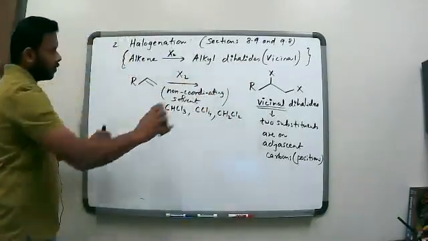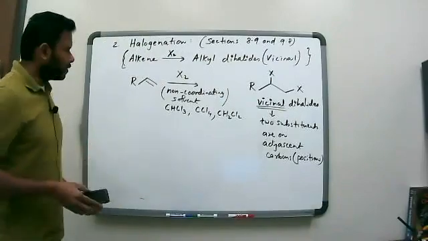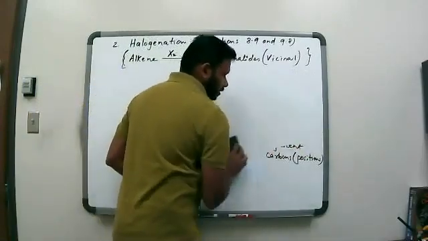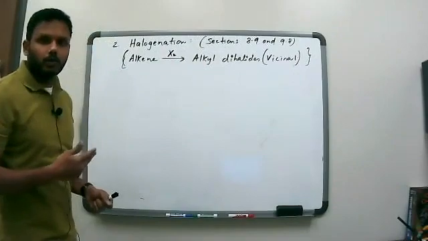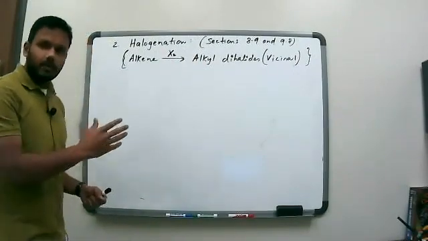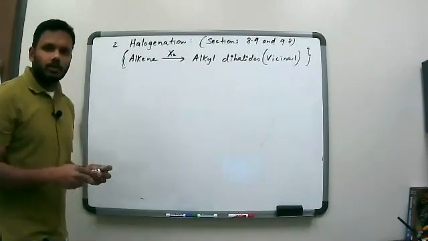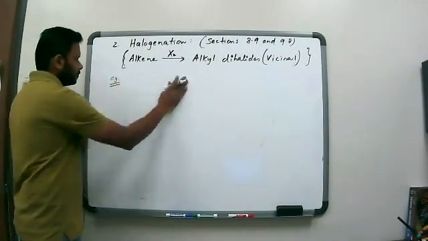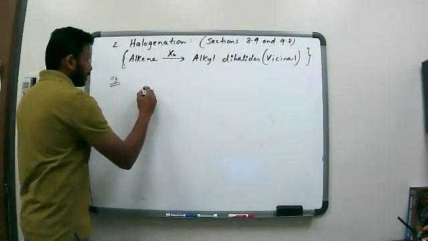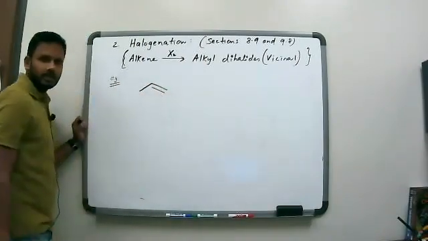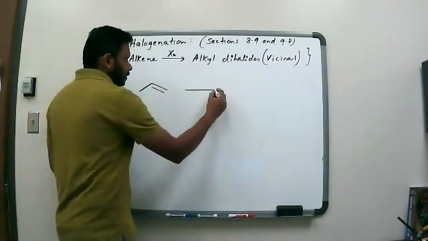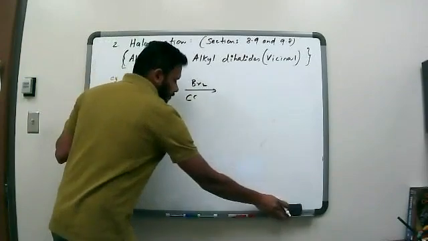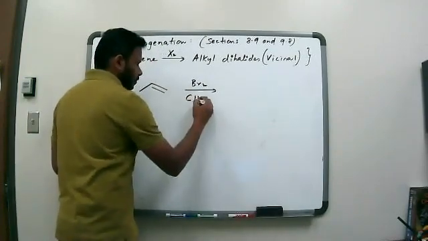Okay, so this is the overall reaction now. So let's look at some examples and then we'll go from there into the mechanism and then discuss. Key thing is this reaction requires a non-coordinating solvent, okay? Because we will see a variation where a coordinating solvent would change things, okay? So as an example of this, let's say we start with something very simple, propene, and you do bromination on this, and you use chloroform as a solvent.